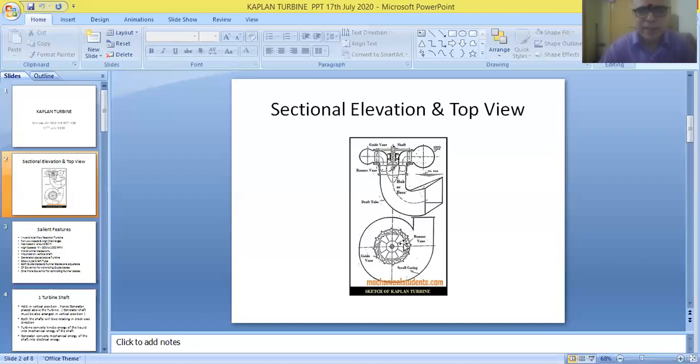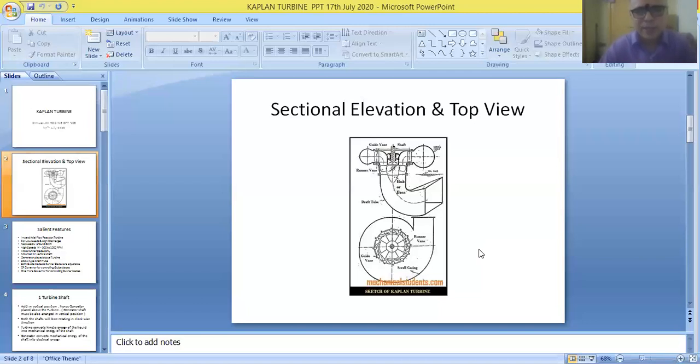And finally, the liquid that is coming out of the guide wheel will be entering the runner, and it will be flowing from outer diameter to the inner diameter of the runner. Again, area is decreasing in the direction of flow of water. So in the third stage, again, pressure energy will be getting converted into kinetic energy of liquid.